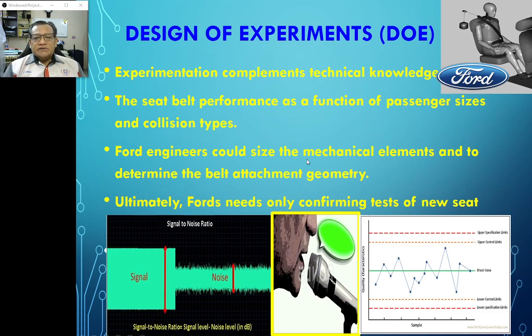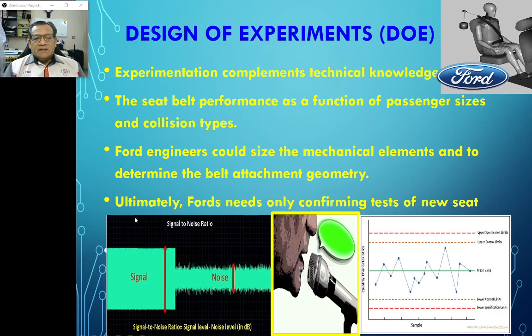Ford engineers could size the mechanical elements and determine the belt attachment geometry, right? The mechanical elements, for example, the seat belt itself, the seat, or the attachment geometry of the belt, whether diagonal or horizontal. Only that way can Ford confirm the best combination of tests for the new seat, right?